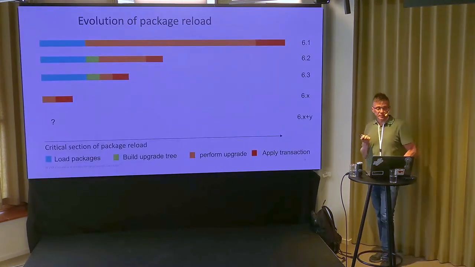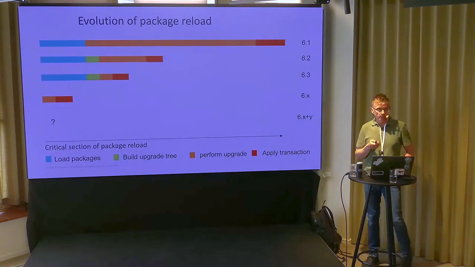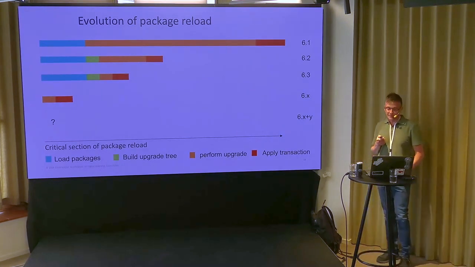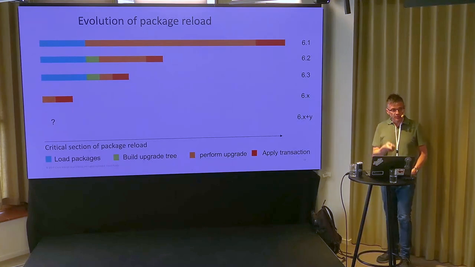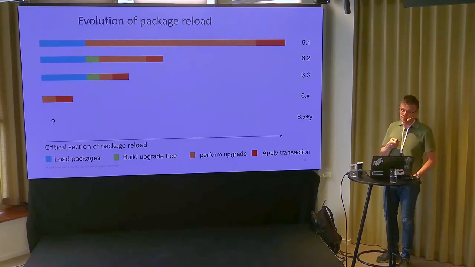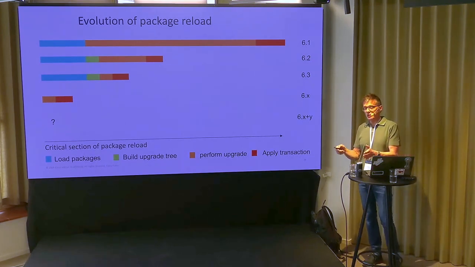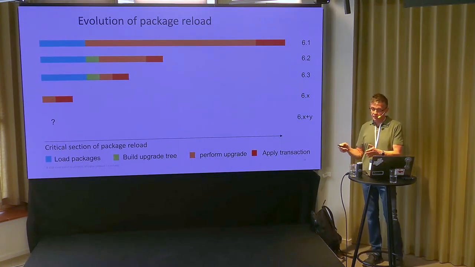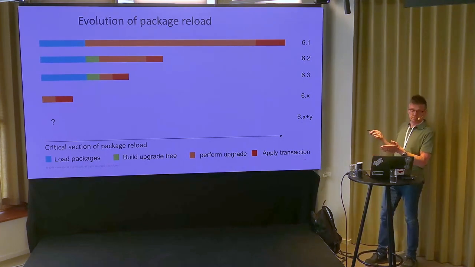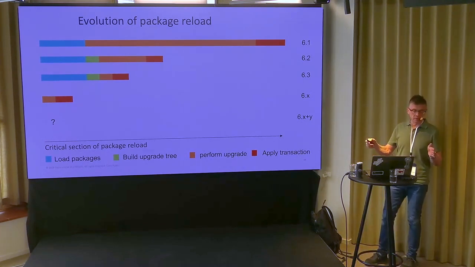So this is an interesting diagram, I think. It depicts a critical section for package reload. That is the duration when no transactions are allowed, and how we spend the time during this duration.